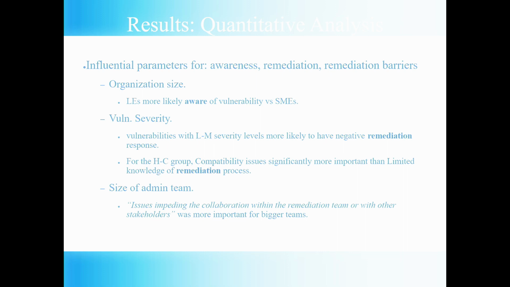Large enterprises were more likely to be aware of the existence of a vulnerability, more so than small to medium enterprises. Vulnerability severity, we found that low to medium severity is less likely to be remediated compared to high and critical severity. And the size of the admin team did matter in one of the factors that has to do with like collaboration requirements between the participants.